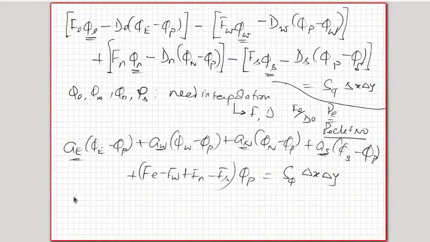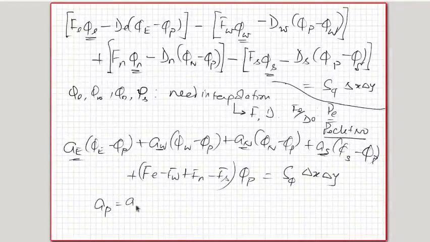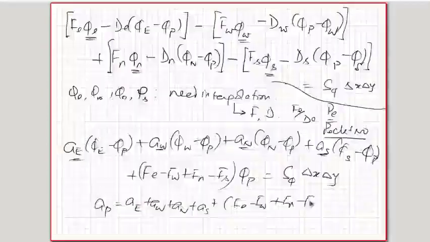And you will get the coefficient AP, which is the coefficient of phi P, equal to AE plus AW plus AN plus AS plus Fe minus Fw plus Fn minus Fs.